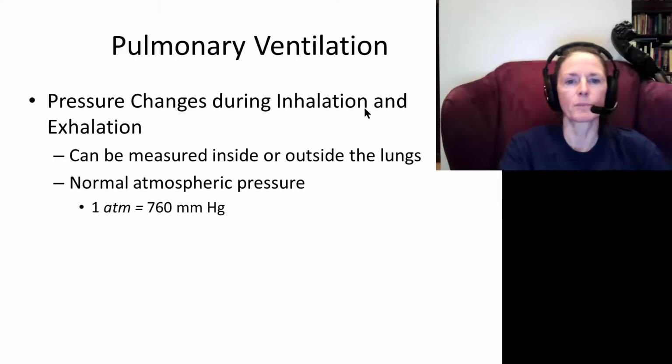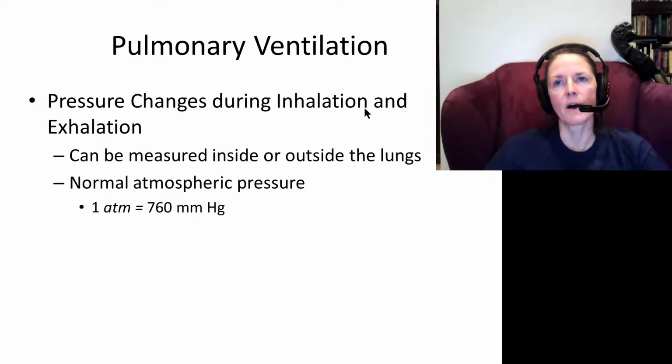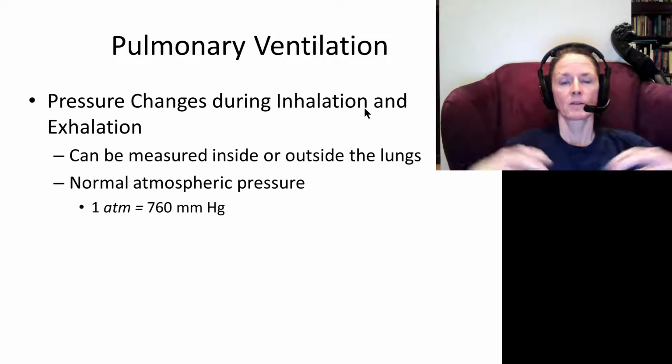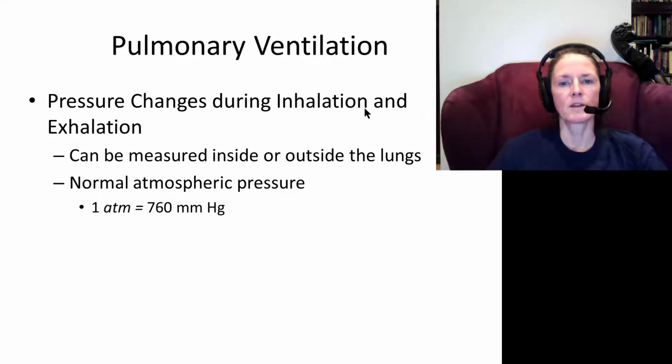So we breathe about 500 milliliters at rest per inspiration. And for every inspiration, we have an equal amount of exhalation. So we can basically look at the pressure inside or outside the lungs. And when the lungs are at neutral, that is when they're not inhaling or exhaling, then the pressures are going to be the same inside and outside.